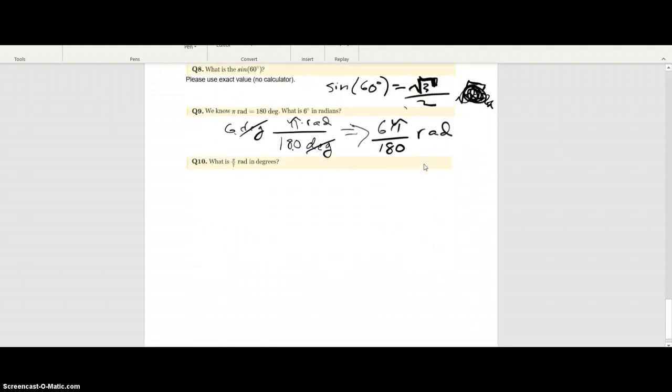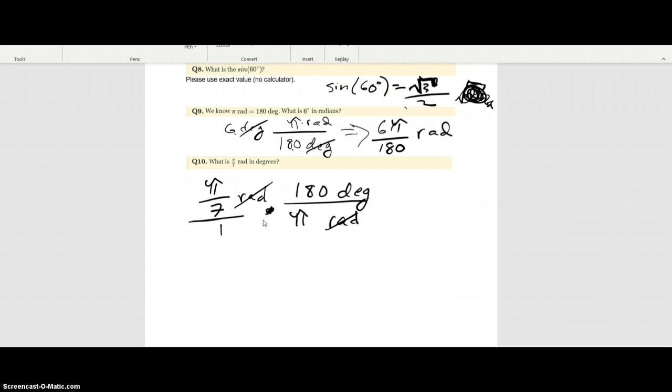What is pi over 7 radians in degrees? So we have pi over 7 radians. What's our conversion here? Well, we know we have radians down here. That pi radians is equal to 180 degrees. So the radians cancel out. Make sure it's over. That was kind of poor notation right there.